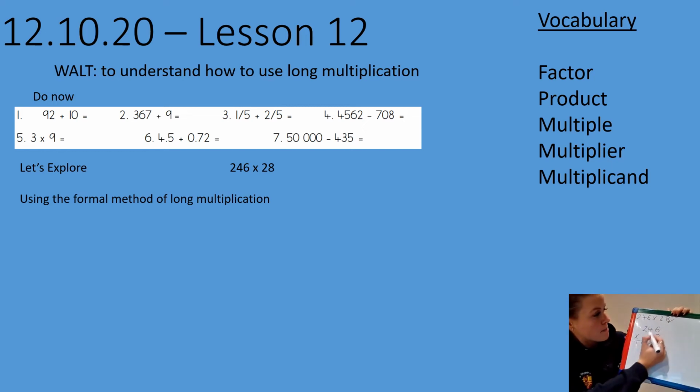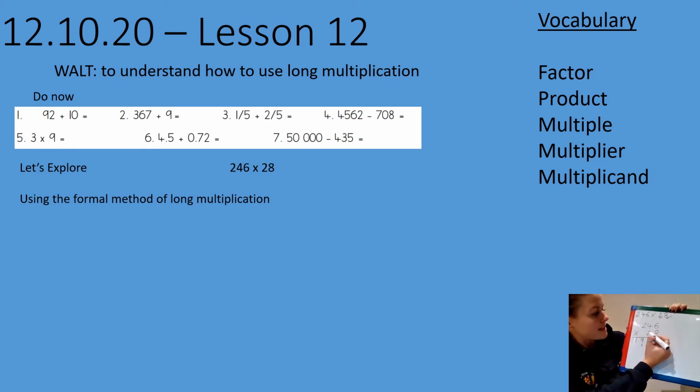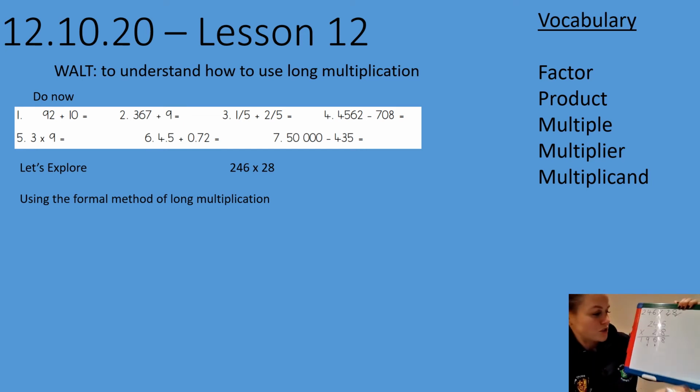And then I'm moving on to my 20 now. I'm multiplying everything by 20. Now, instead of the previous method, which was multiplied by 2 and make it 10 times larger, we can go straight in with multiplying it by 20. So I know that 6 multiplied by 2 is going to be 12. So 6 multiplied by 20 is going to be 120.